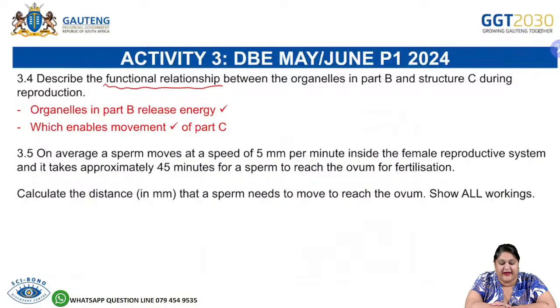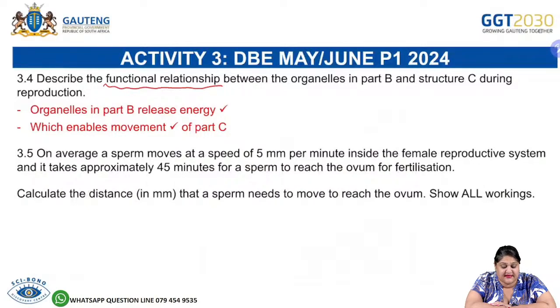On average, a sperm moves at a speed of 5 millimeters per minute inside the female reproductive system, and it takes approximately 45 minutes for the sperm to reach the ovum for fertilization. Oh, hectic, eh?